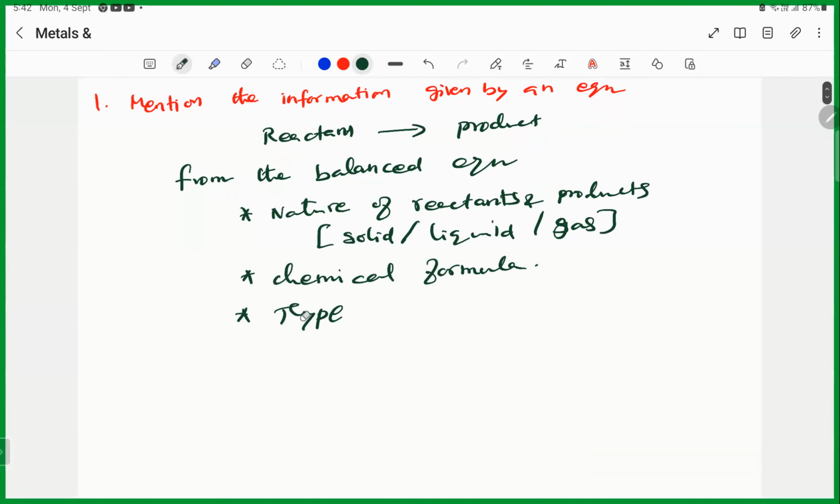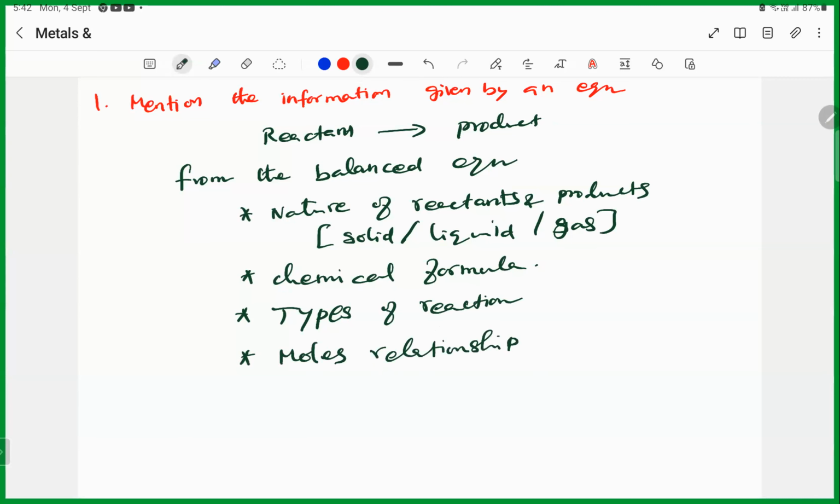Whether it is a redox reaction or oxidation, reduction, substitution, addition, the type of reaction we can say. And then mole relationship. How many moles of reactants required for that particular reaction?